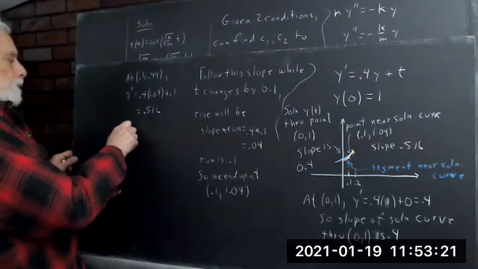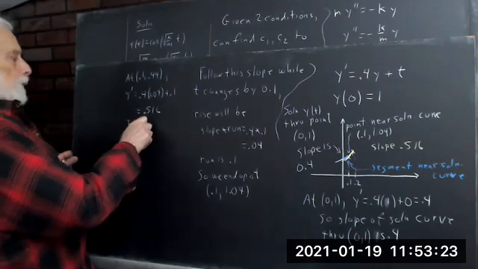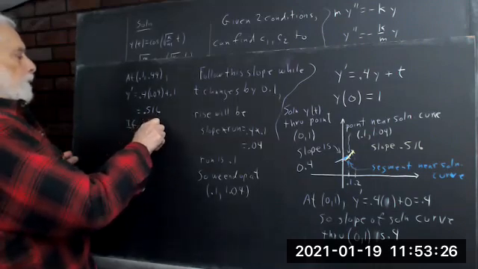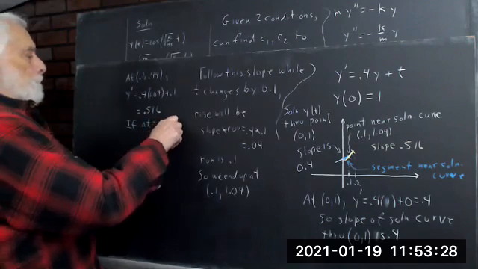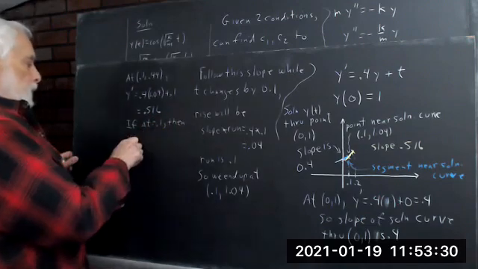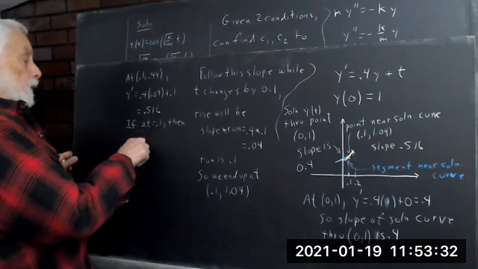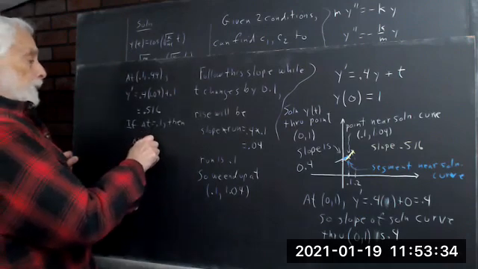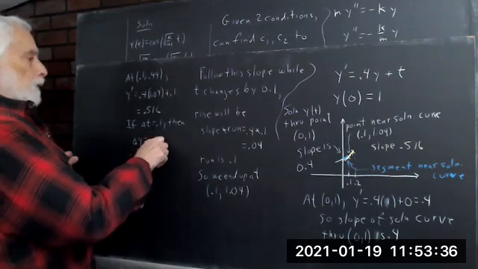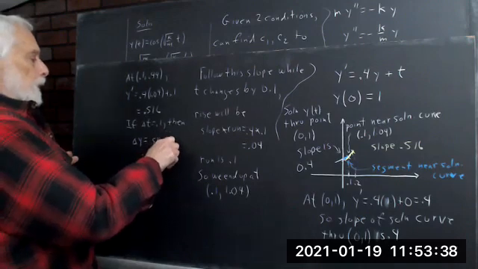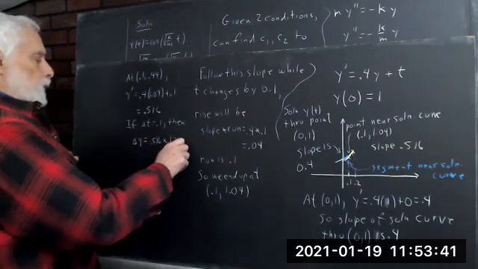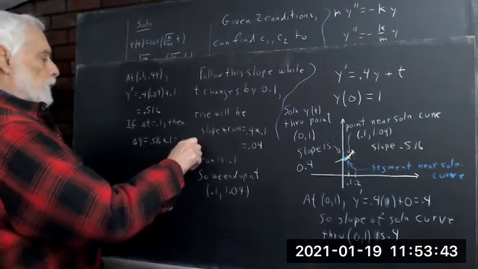So if delta t is 0.1, then instead of rise, I'll just say delta y is 0.516 times 0.1, which is 0.0516.